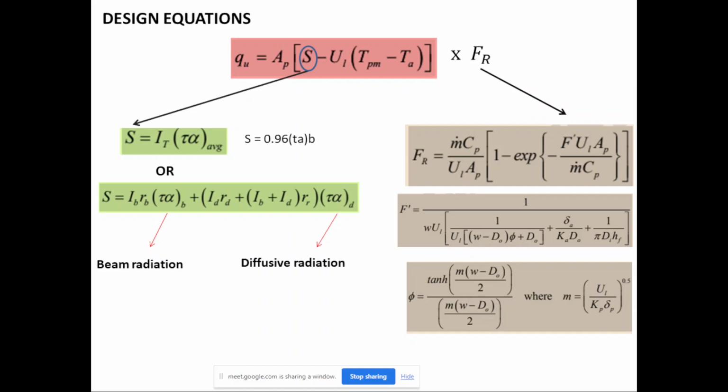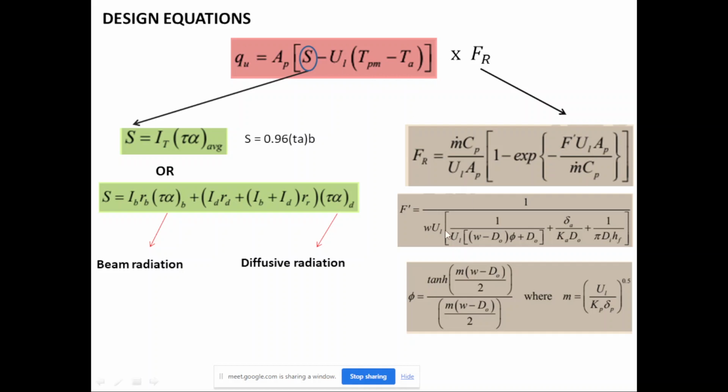So we saw the relationship between the solar flux absorbed by the flat plate collector and the instantaneous solar flux that falls on it, and then the tau alpha average, that is the product of the transmission and the absorption of the radiations.